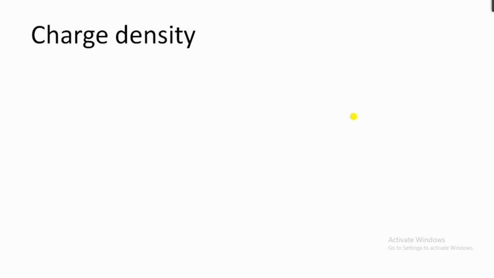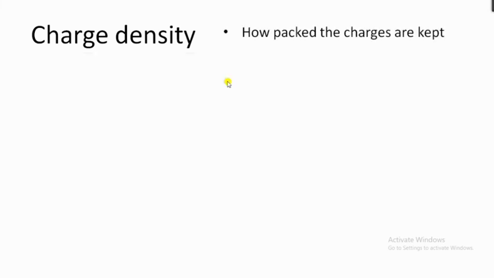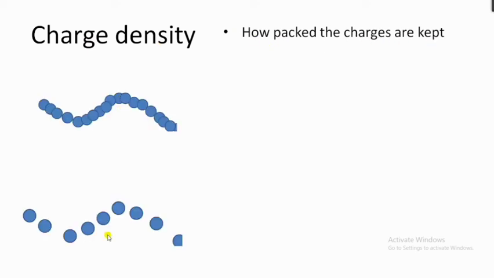Now let's understand what charge density is one more time. We know density means how heavy an object is. If the molecules are more packed, the object is more dense as compared to an object with less dense molecules. Similarly, charge density gives the idea of how packed the charges are. For example, if you see these two line charges out here, the charges are closely packed here, and here they are loosely packed. That means out here the charge density is more.